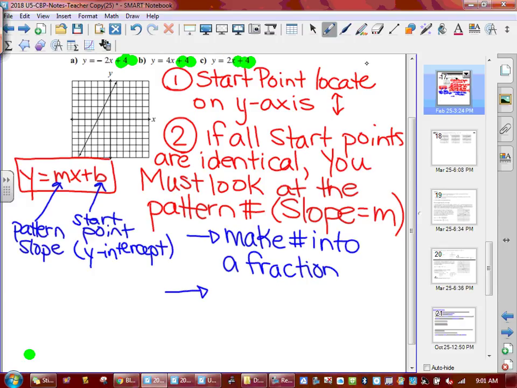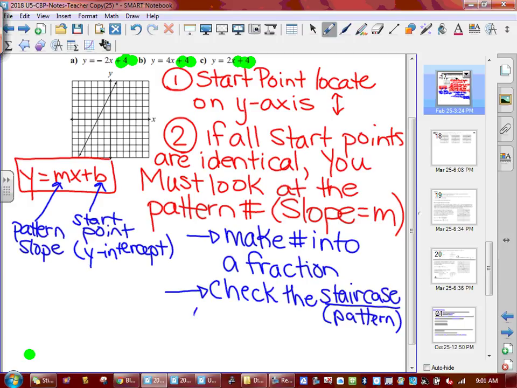Then we check the staircase. The staircase is the pattern on the graph. So I'm going to show you what that means. I'll give you a moment to write that down.